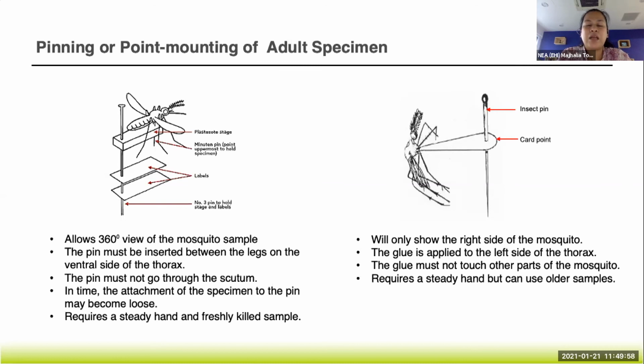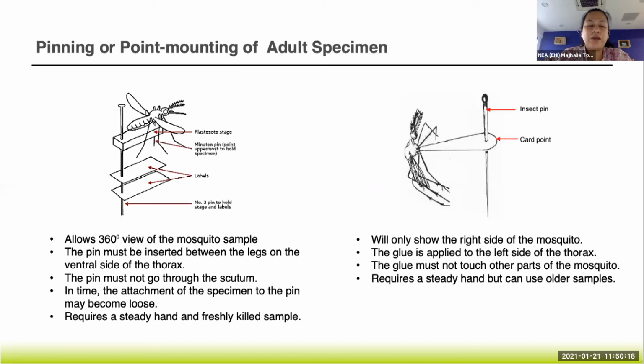And that's the time when you start having samples dropping on the base of your insect box. Doing this is also very difficult. It requires a steady hand, and you always have to use freshly killed samples.